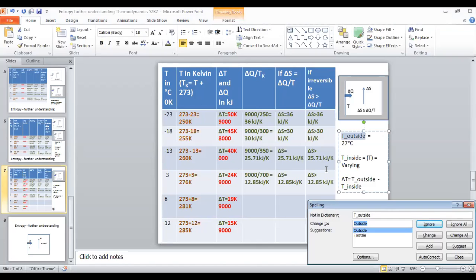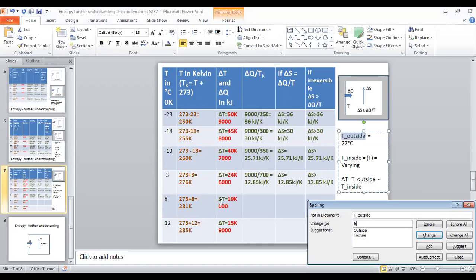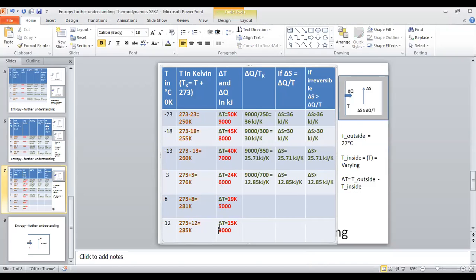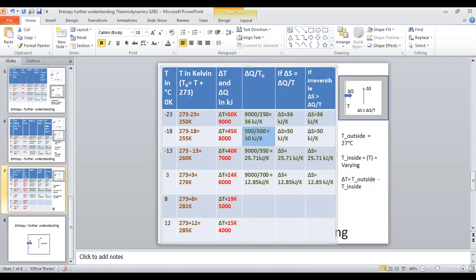This is 9,000 by 250 K. Here 8,000 by 255 K. Interesting.